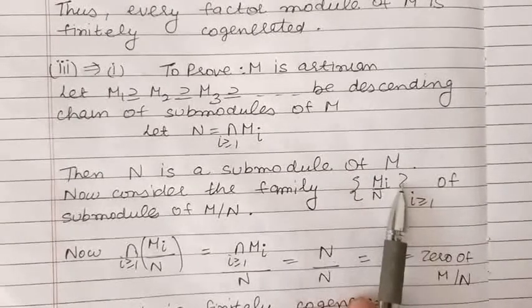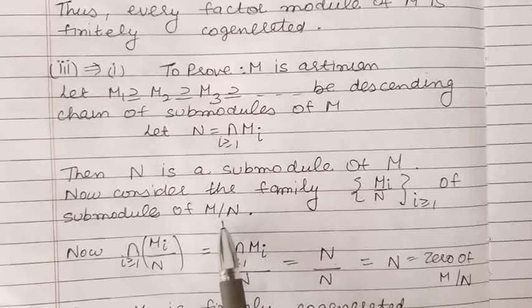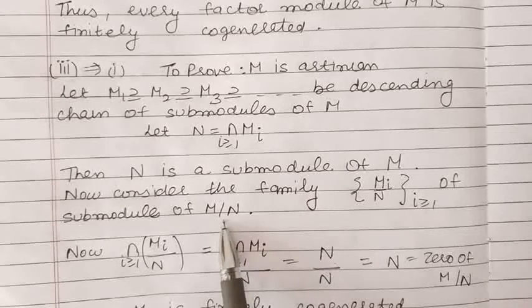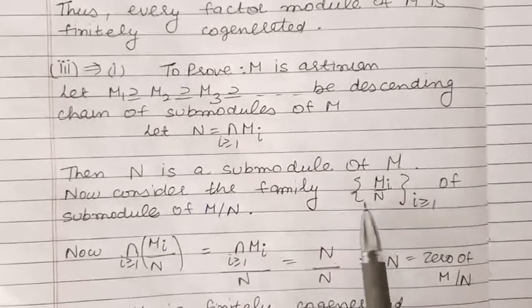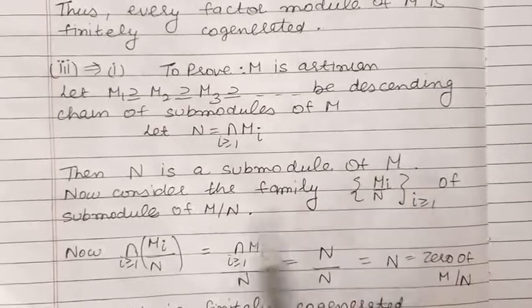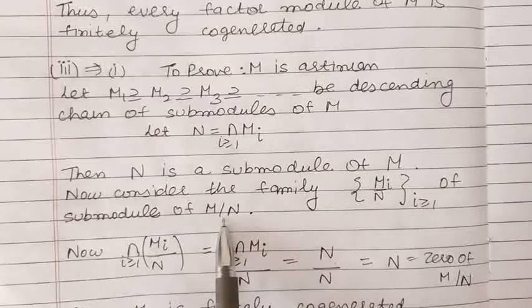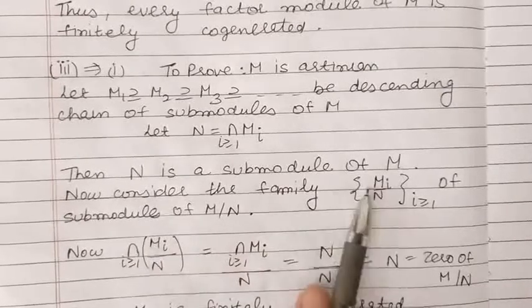Now, because we are given that every factor module of M is finitely co-generated, to use that condition, we require a family of submodules of M by N having the 0 intersection. So let us take a family having the members Mi by N. This is a family of submodules of M by N. Now let us find the intersection of the members of this family.